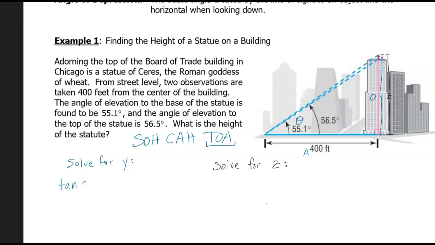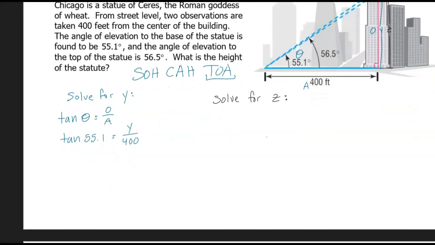So I'm going to use tangent of theta is O over A. Our theta here for the smaller right triangle is 55.1. O is y and A is 400. And I multiply both sides by 400 to get it away from the y. I'm trying to solve for y. And we have y is equal to 400 tangent 55.1.